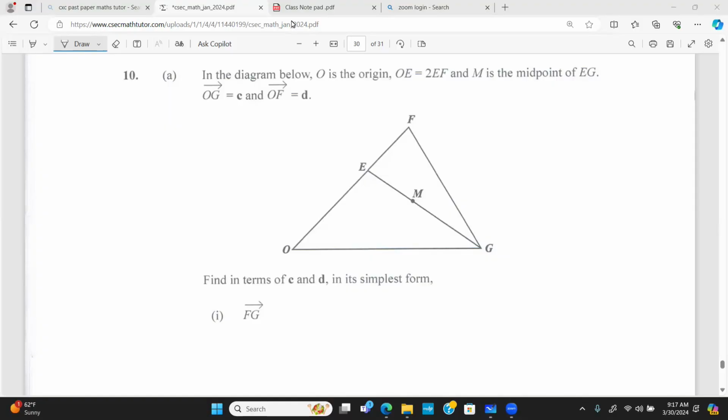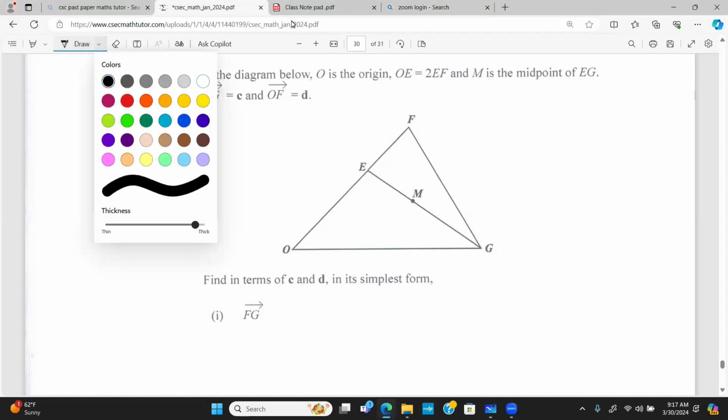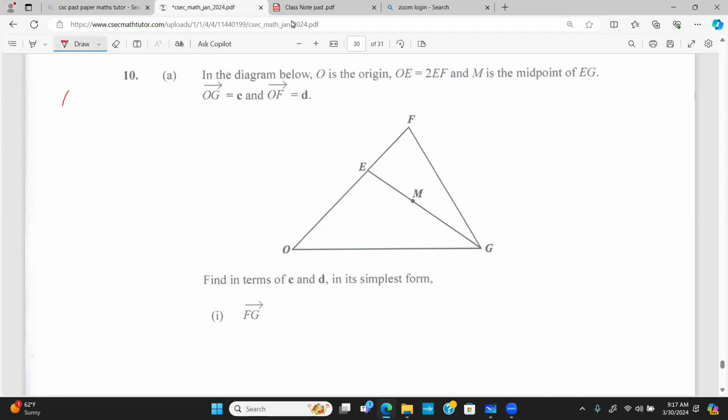Looking at the CXC 2024 January, we're looking at the vector question that comes here. Question 10 says: in the diagram below, O is the origin, OE is 2/3 of OF, and M is the midpoint of EG.